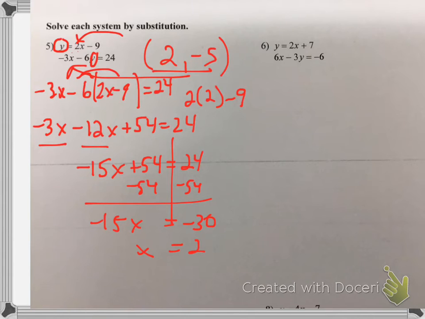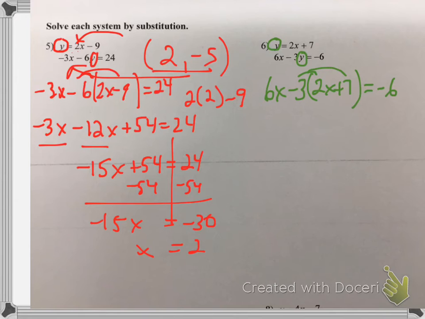Okay, second one here. Circle the y, circle the y. 6x - 3y = -6. Plug in 2x + 7.